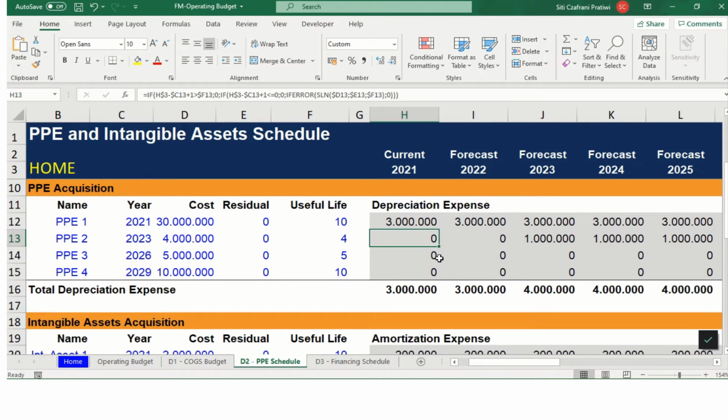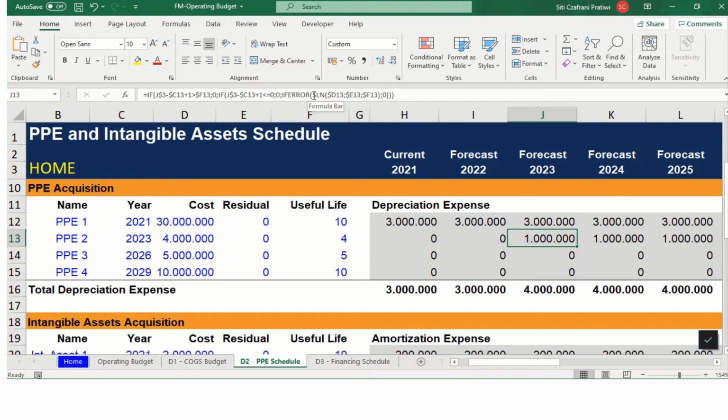So there will be no depreciation expense for PPE number 2 in year 2021 and 2022. However, in year 2023, because the acquisition is in this year, if we deduct 2023 with 2023 plus 1, this is more than 0 or 1, so we have a depreciation expense here.